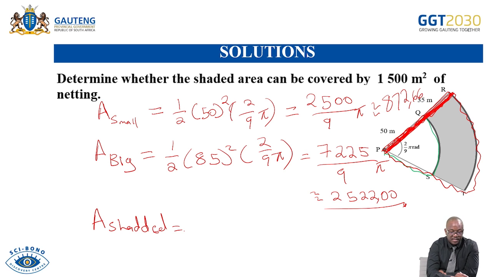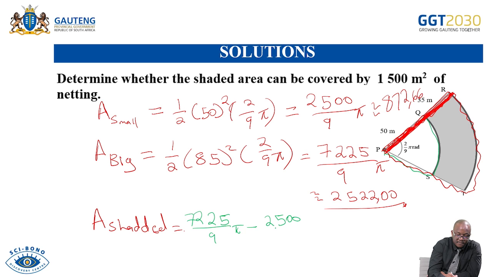Now, to calculate the area that is shaded, you are going to take the area of the bigger sector, 7,225 all over 9 pi, and subtract 2,500 over 9 pi.